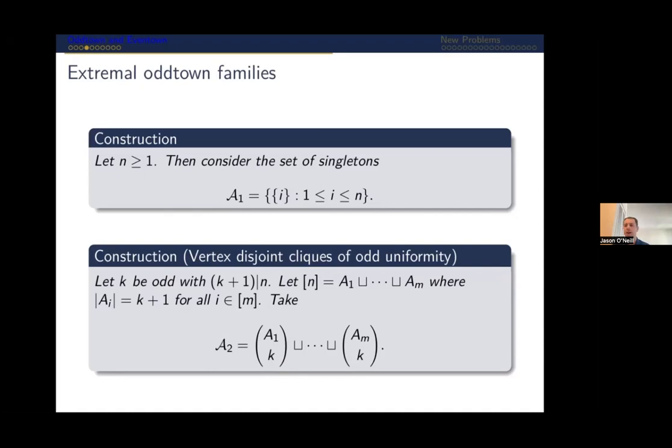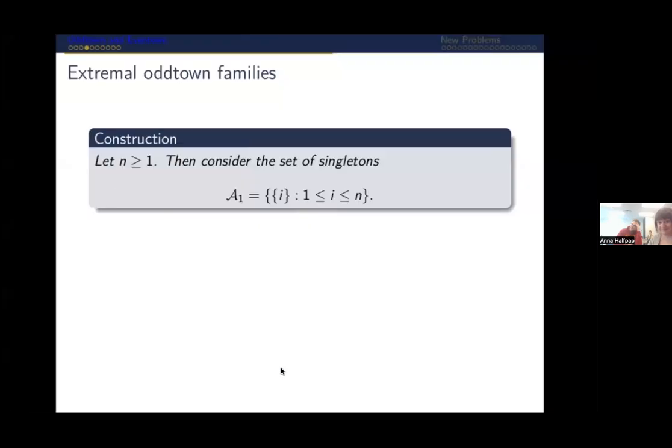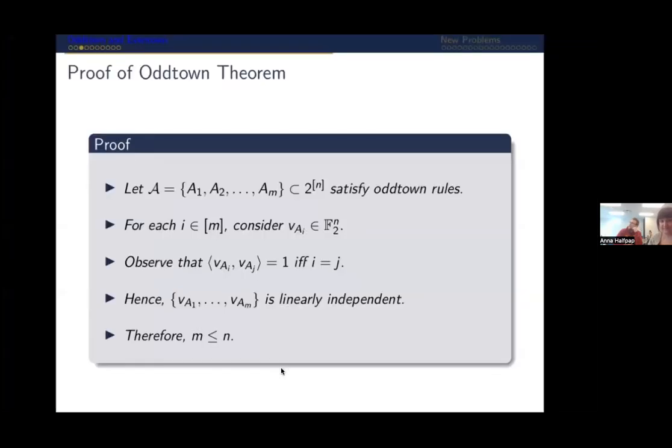So here's odd-town. Oh, I think we have a question here. Sorry, it's from the previous slide. Can you go back? This inner product, it's just the normal dot product, right? Yes, it's the normal dot product, but everything is in F2 to the n.